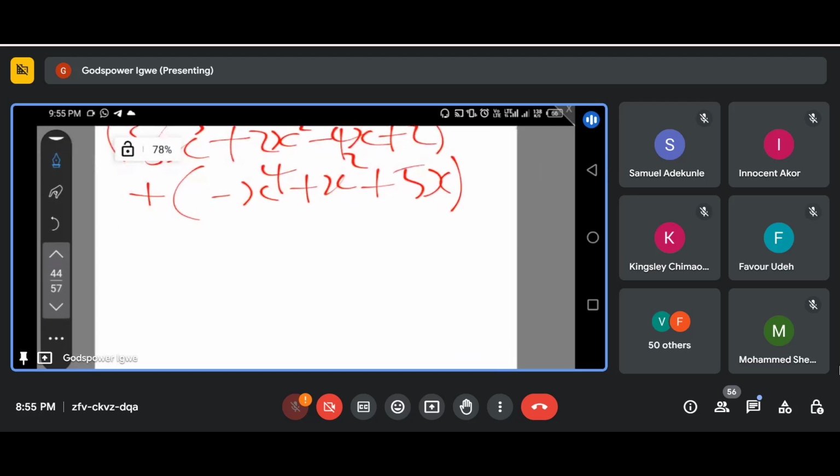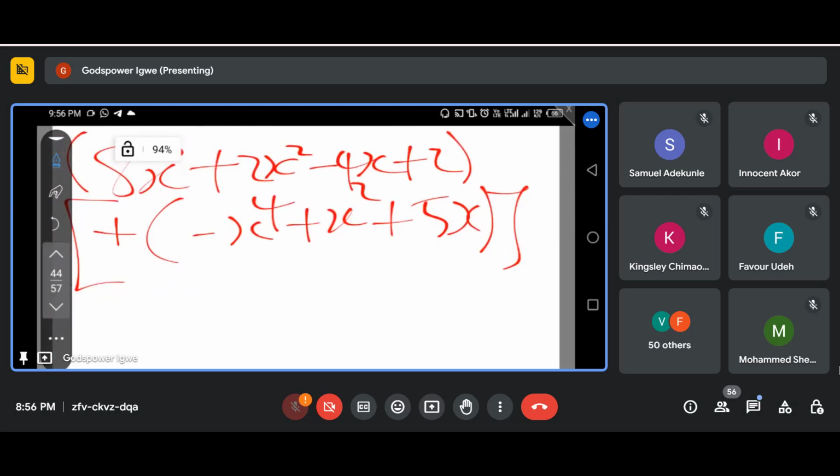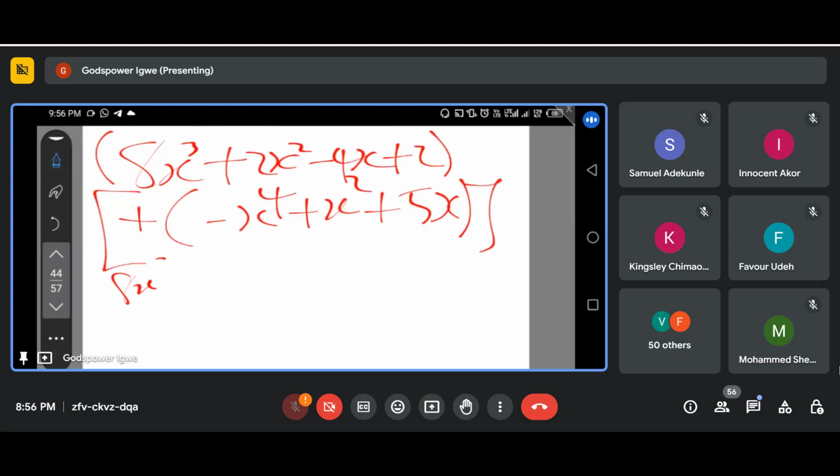All right. Now all we need to do is, first of all, let's deal with this. Let's move through the bracket. In fact, I'm opening everything. This is going to be 8x cubed plus 2x squared minus 4x plus 2 minus x to the power 4.